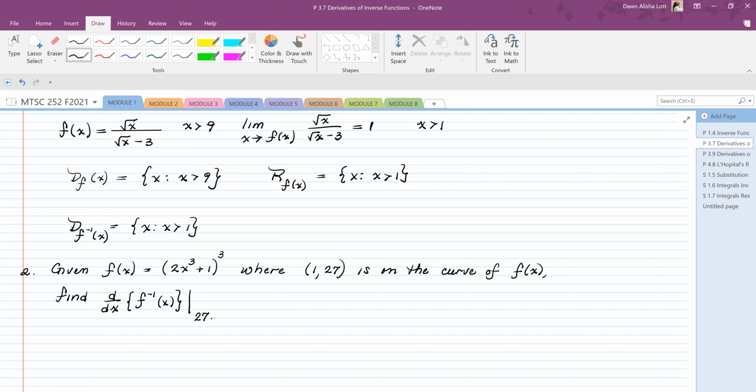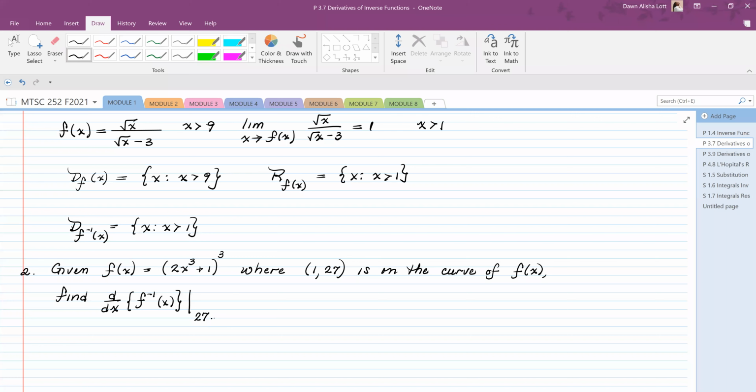What do I do? You find the inverse of f of x. Okay, so now I can find the inverse of f of x and then take its derivative. So that is one way to do it.